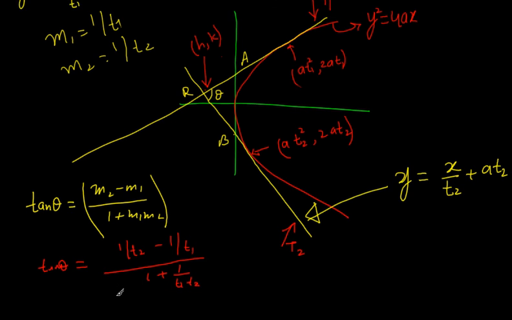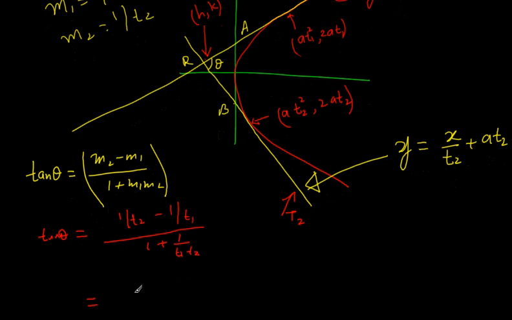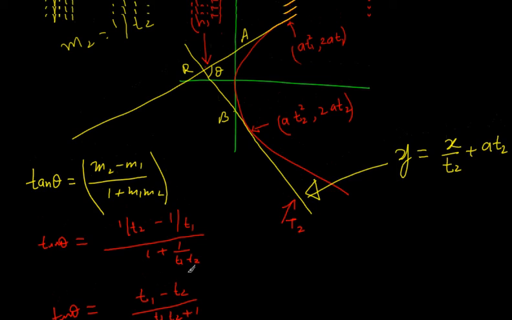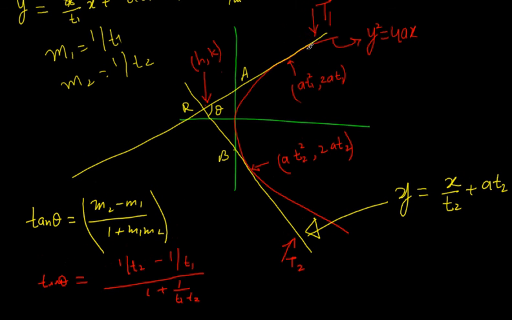If you solve it further, you will get (t1 minus t2) divided by (t1 t2 plus 1), and that will be the constant tan theta. Now we need to put in the t1 t2 values. How will you do that? t1 and t2 are not constant. t1 is the gradient of tangent T1, and t2 is the gradient of tangent T2, right?